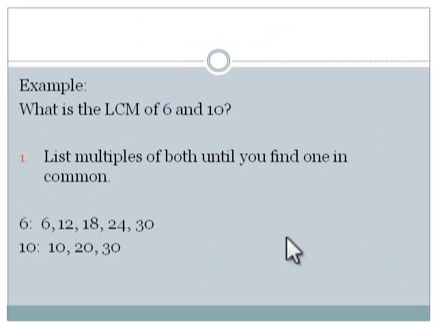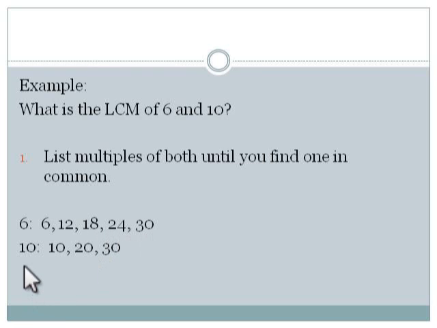If we were looking for the least common multiple of 6 and 10, we would list the multiples until we find that they have one in common. So the multiples of 6 are 6, 12, 18, and so on. The list will go on forever. Remember, we get that by doing 6 times 1, 6 times 2, 6 times 3, 6 times 4, and so on.